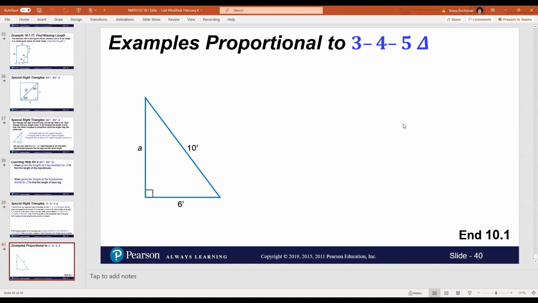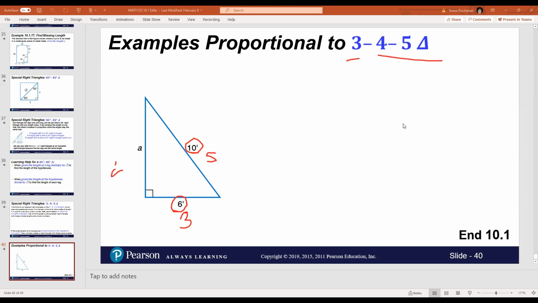So here's an example. This is proportional to 3, 4, 5. I know that's true because when I look at the 6 and the 10, I can see that relationship. 6 divided by 2 would give me a 3, 10 divided by 2 would give me a 5. So I can tell that this is a 3, 4, 5 triangle.